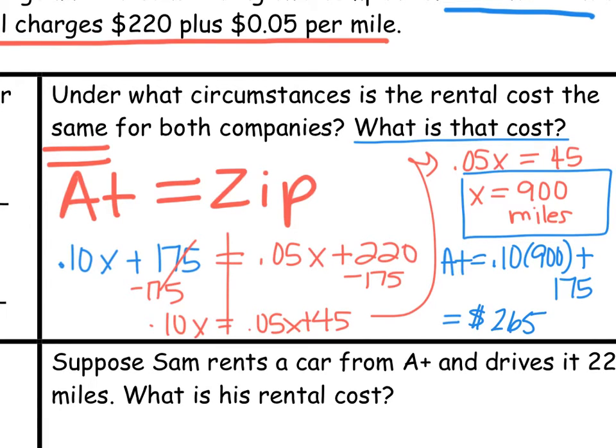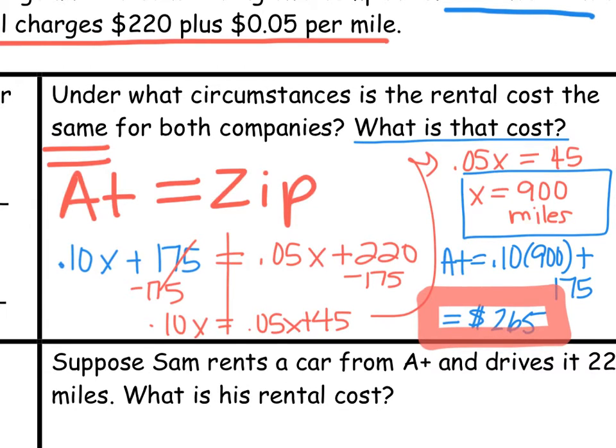If I put 900 into Zip Auto's equation, I get the same number. 0.05 times 900 plus 220 will also give me $265.